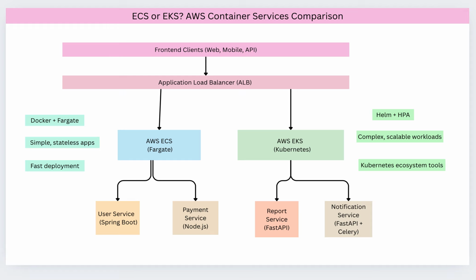ECS tasks were launched on Fargate using task definitions that specified CPU, memory, and networking requirements. The ALB routed traffic to the ECS task, handling incoming requests and load balancing across instances.